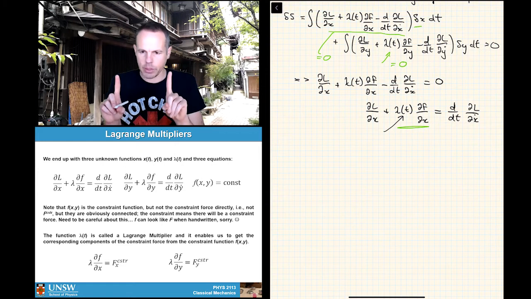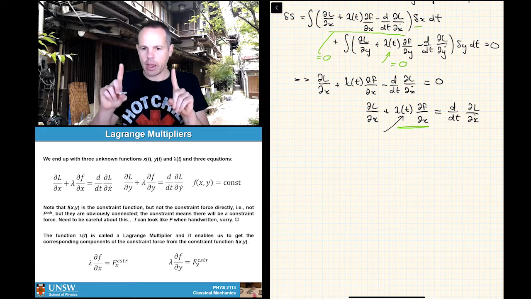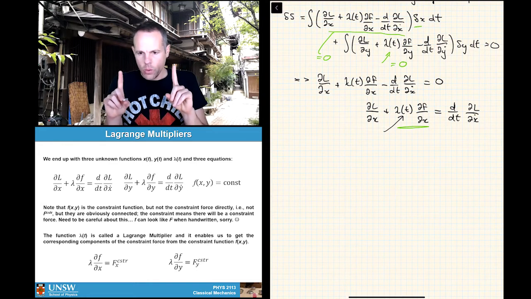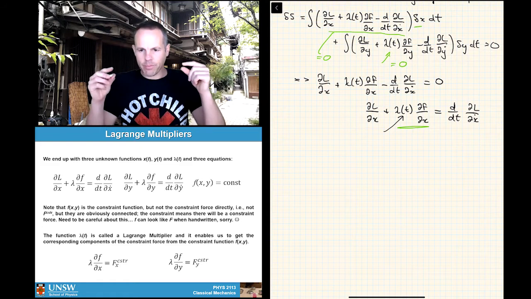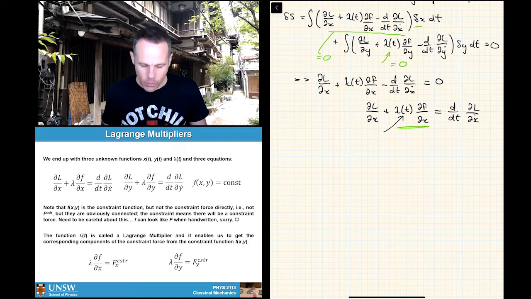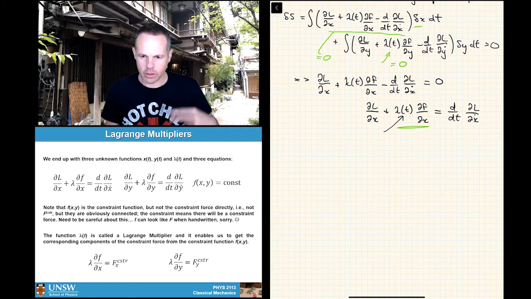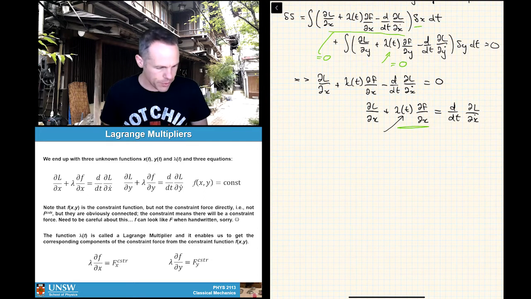It basically exists because of Newton's third law, right? For every force, there's an equal and opposite corresponding force. And so that basically gives you two terms that add together to 0, right? And that's more or less what we're doing here. So we're sort of invoking Newton's third law into Lagrangian mechanics in order to get access to what that constraint force is.